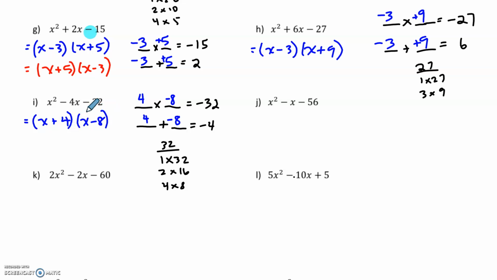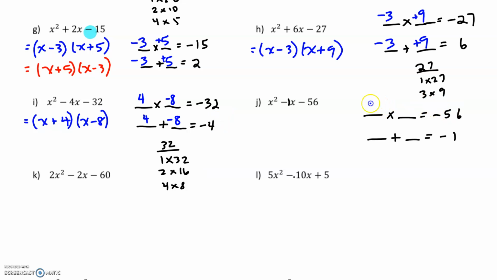All right, next question. So we're going to do what times what equals negative 56, and what plus what equals negative 1, right? We know there's an invisible 1 in there. Okay, and for 56, you don't have to always list the factors. If you know the answer right away, you can just go ahead and write them in.